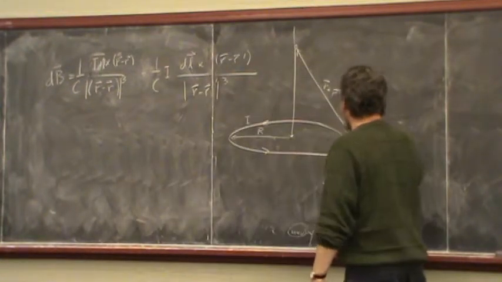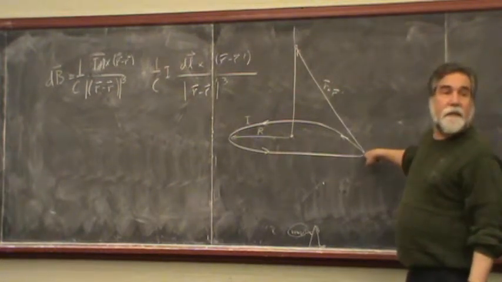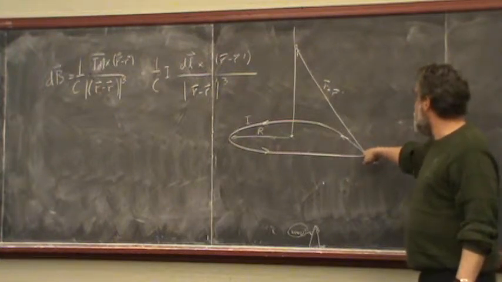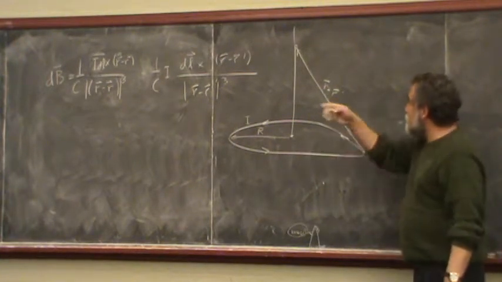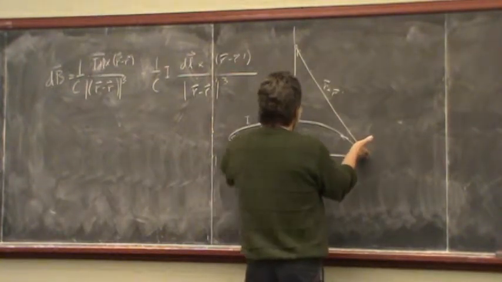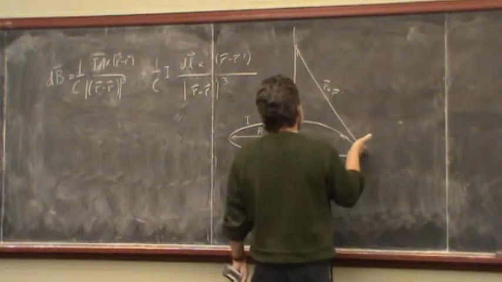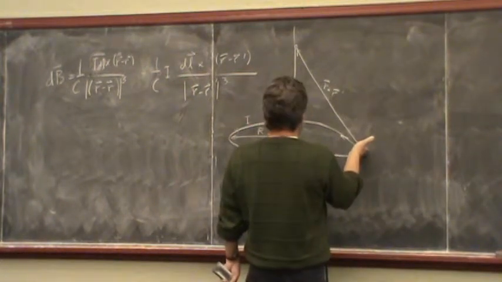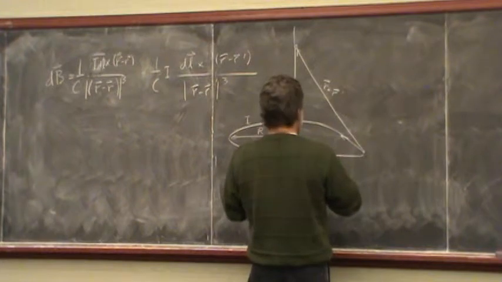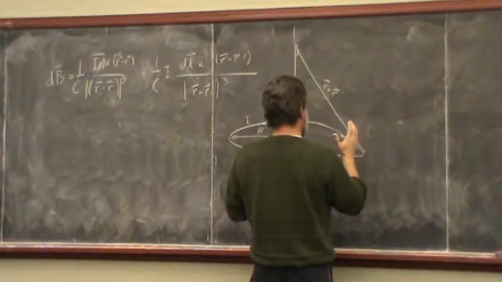Let's say I take I dl pointing into the board at this point here. Then dl cross r minus r prime gives me a magnetic field pointing in a direction that I didn't want it to point in.